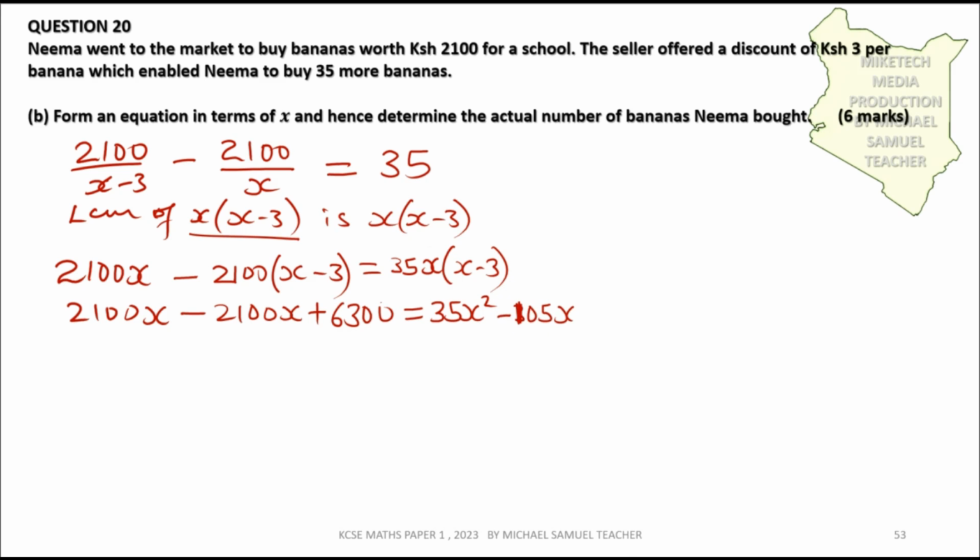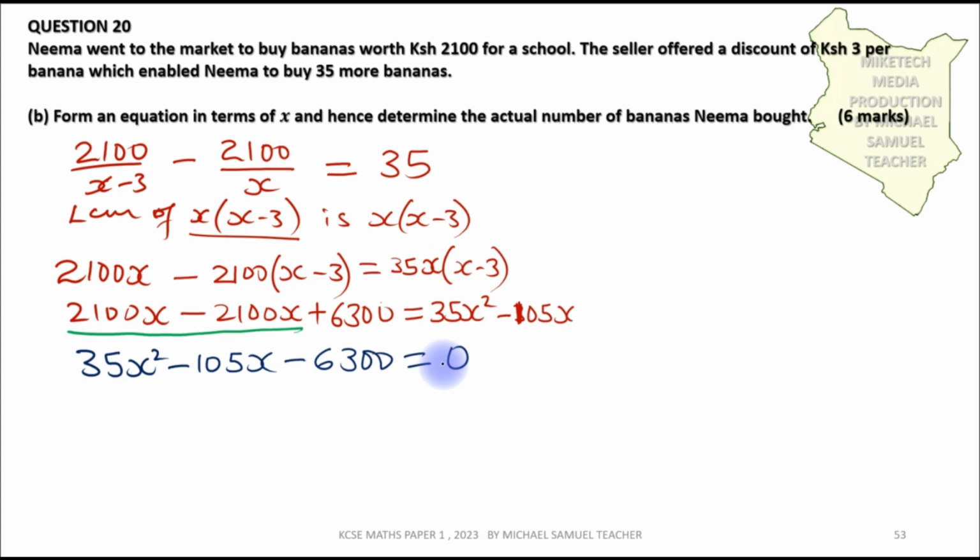So from here, 2100x and 2100x will be eliminated. So we have now 35x squared minus 105x minus 6300 is equal to 0.